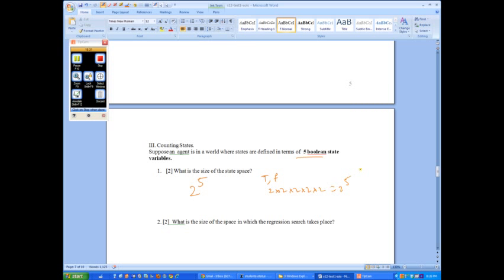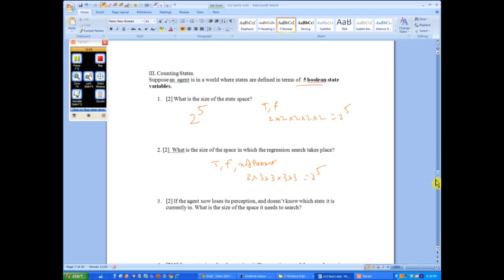Now in the case of regression, you are considering partial states. So a state may have the variable true, variable false, or variable not present. So each variable can have 3 possibilities: 3 times 3 times 3 times 3 times 3 equals 3 power 5.